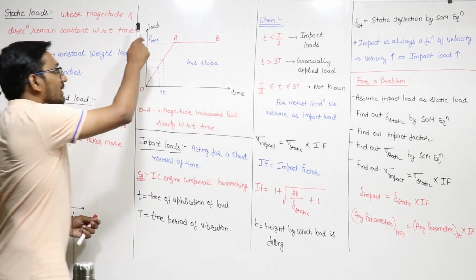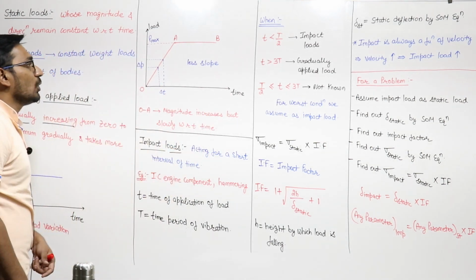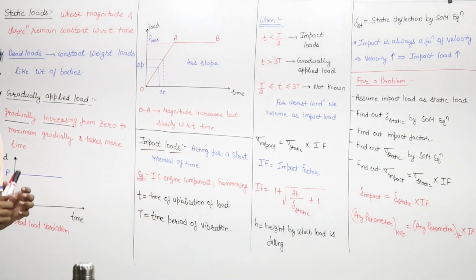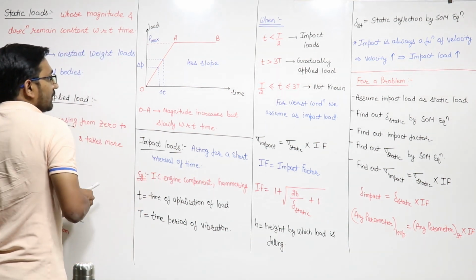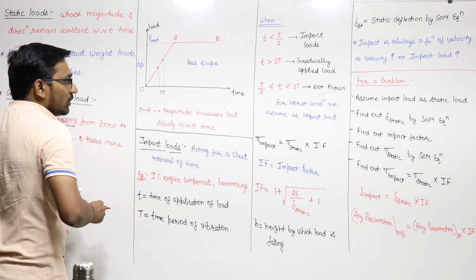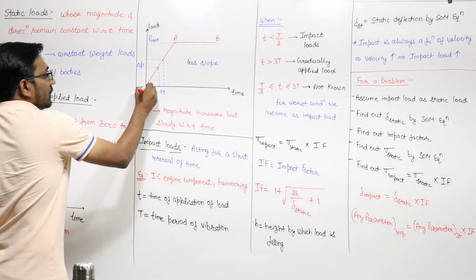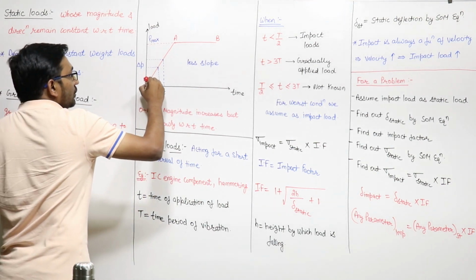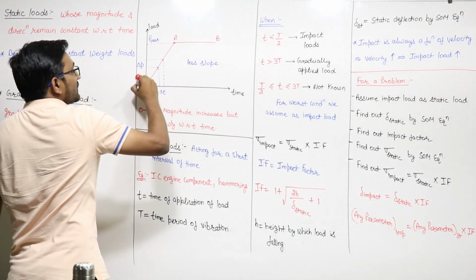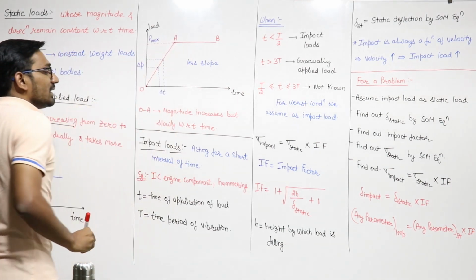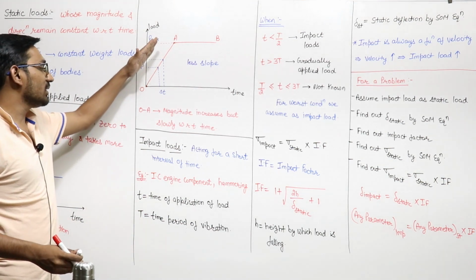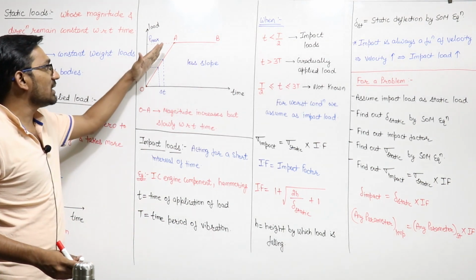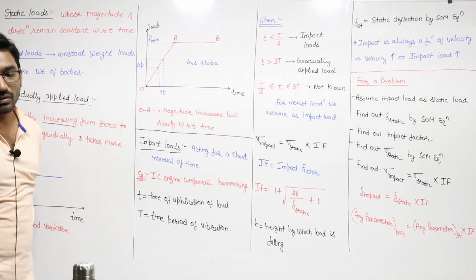So this is the load variation diagram for the gradually applied load. Initially, at time 0, the load magnitude is 0. From 0 to A, the load is continuously increasing, but this increase is very slow with respect to time.